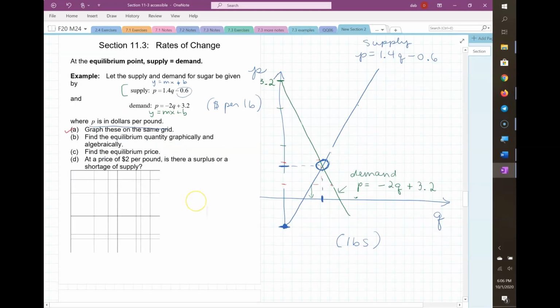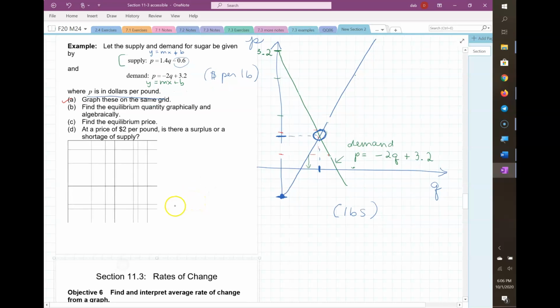So finding the intersection point of two lines, recall, is the same thing as solving this system of equations. So I have two variables, P and Q, and two equations. So I want to solve this system of equations to find the intersection of the two lines, and that's going to be the equilibrium point.